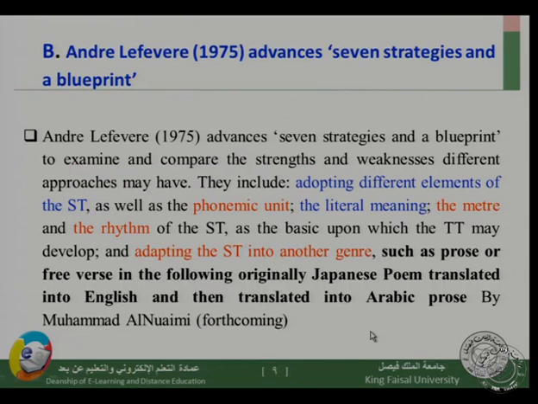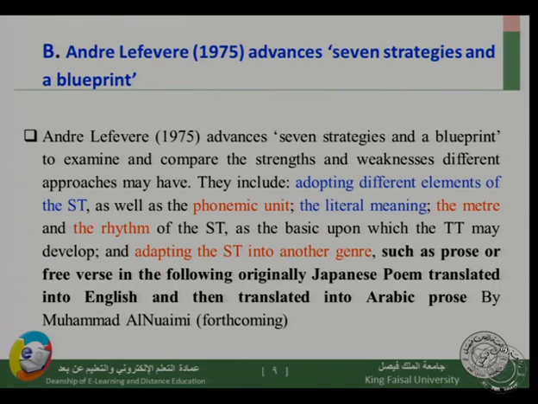Now, there are other approaches to translating creative writing, and Andre Lefevre has an approach which consists of 7 strategies and a blueprint to examine and compare the strengths and weaknesses different approaches might have.